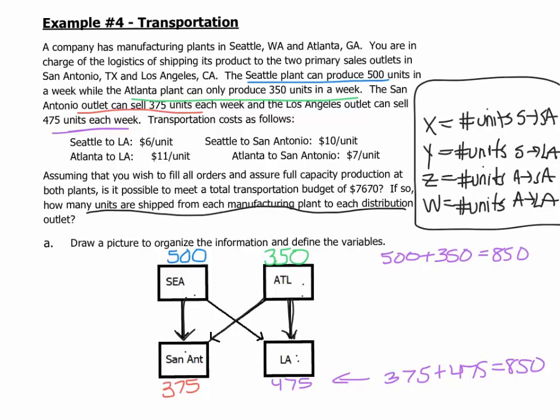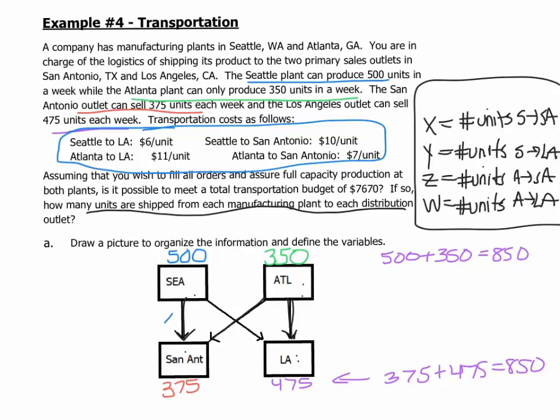Now, another piece of information that we have is our information about how much each route costs for shipping. This information in here. So I am going to put both the variable names and those costs next to these arrows.